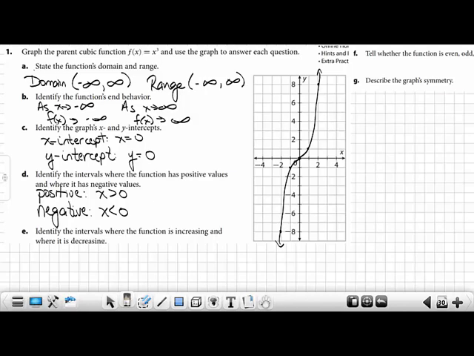So let me get Michael, maybe. Michael, when is that function increasing? Pretend you're just a little dot on that, and you're running on that function. When are you going uphill? Always. So give me an interval for that.